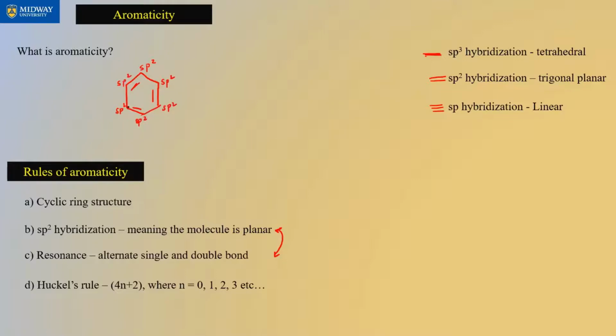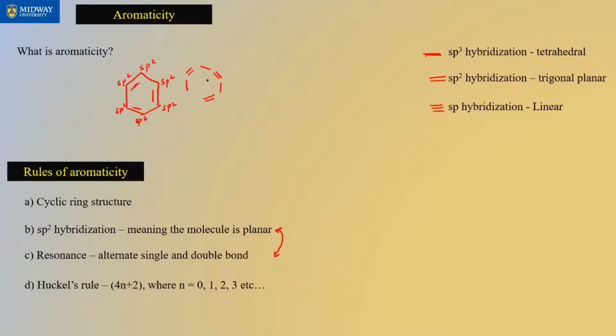Basically, if you notice, there's a single bond, double bond, and then a single bond. So you have a double, single, double, single, right? I think I just drew the structure inadequately, but you see that you have 3 double bonds and 3 single bonds, right?